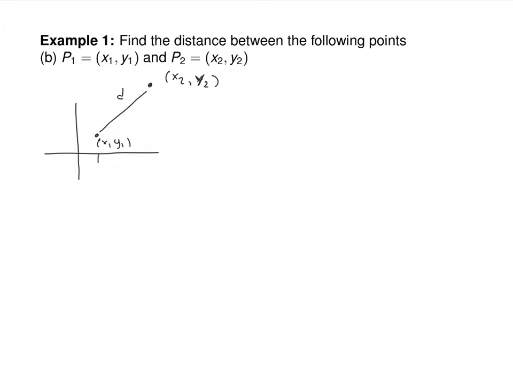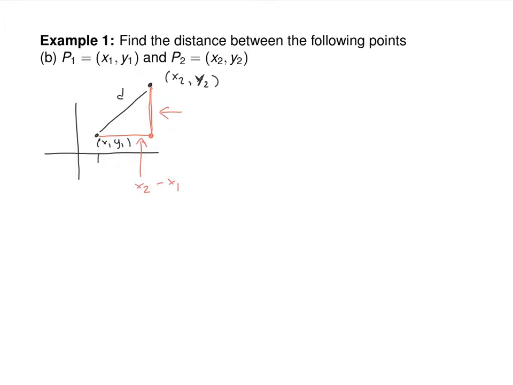You go the same way, you make a triangle. The base of that triangle is going to be x2 minus x1, or vice versa. If the points are reversed in order, it would be the other way around. But for now, let's just say in this triangle, it's that one.